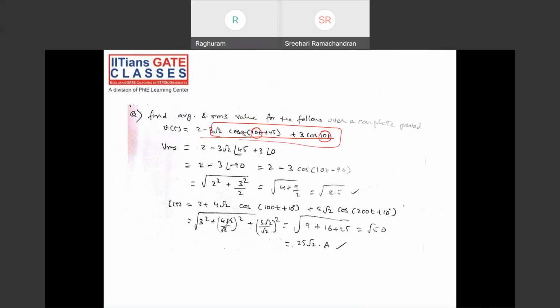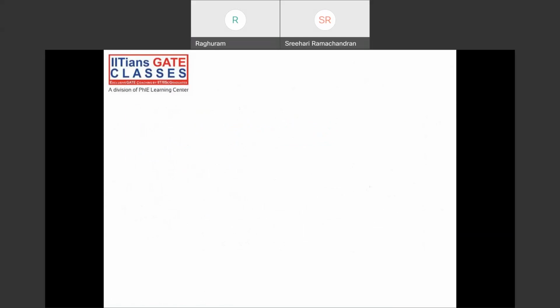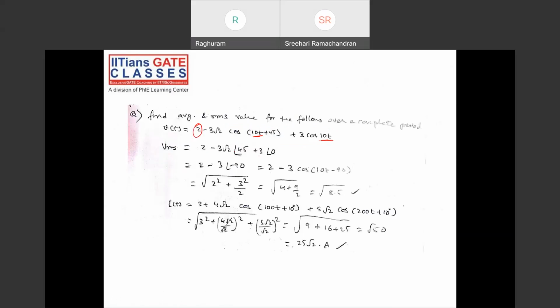I was telling you how to find the RMS value. The first thing you have to observe is the frequency. The frequency of these terms is 10t, so these two are of the same frequency and you can add them. The addition is simply 2 minus 3 root 2 at an angle 45 plus 3 at an angle 0.